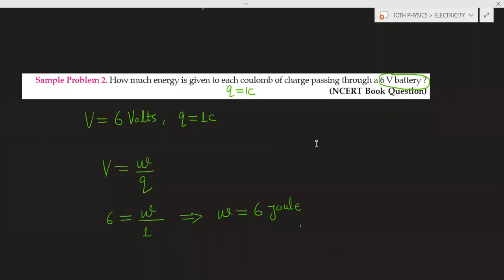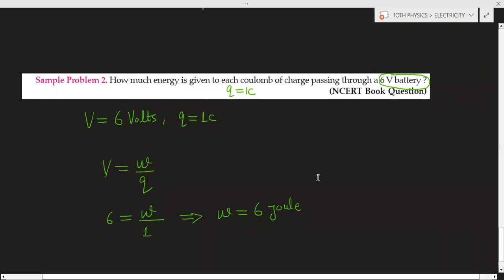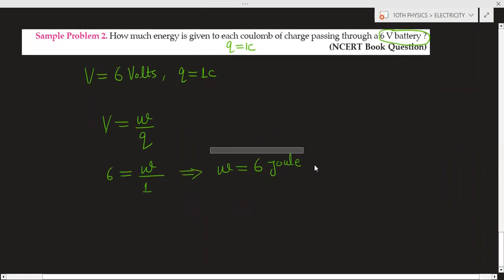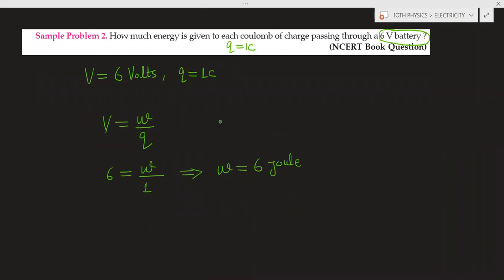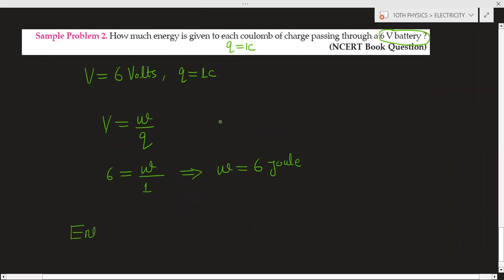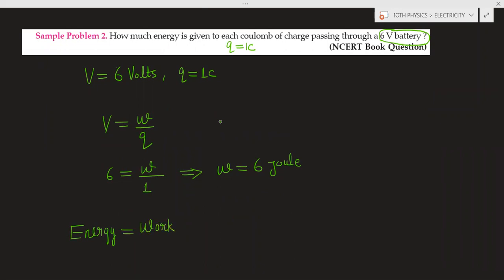So the amount of work that you have to do is equal to the energy spent or energy given to every coulomb of charge. So energy will be equal to work done, that is equal to 6 joule.